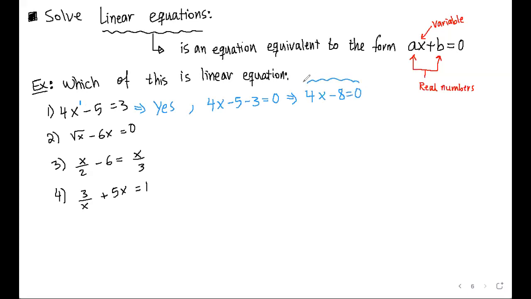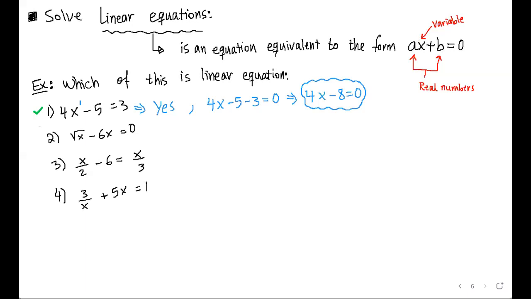This equation looks like ax plus b equals 0, so it is a linear equation. Make sense? So the first one, yes, it is a linear equation.